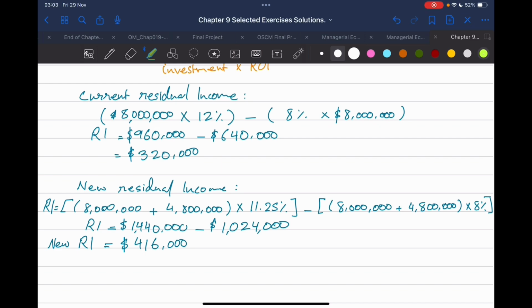The original residual income is $320,000, whereas if Monarch Division decides to take on this investment, that would increase the company's residual income to $416,000, right? Based on that, the new residual income is higher than the current residual income, and that's enough reason for the division to actually take on the opportunity.